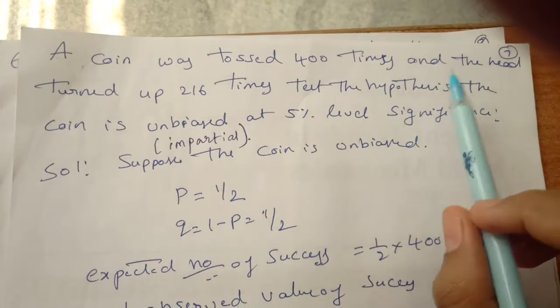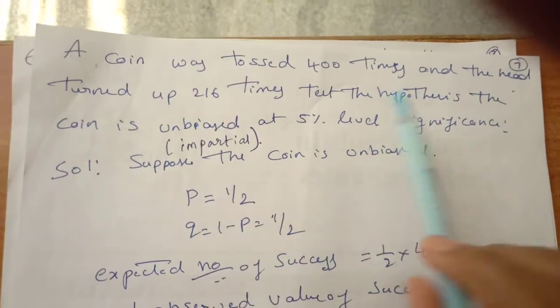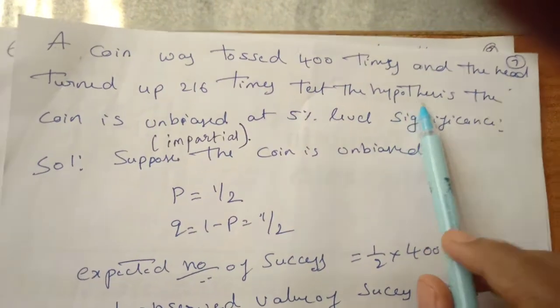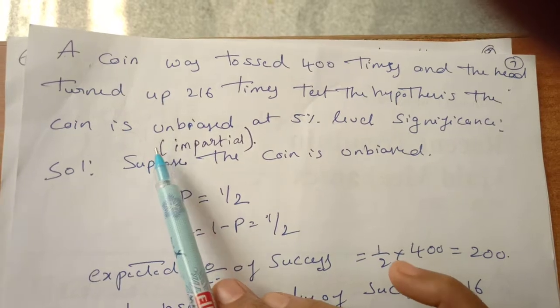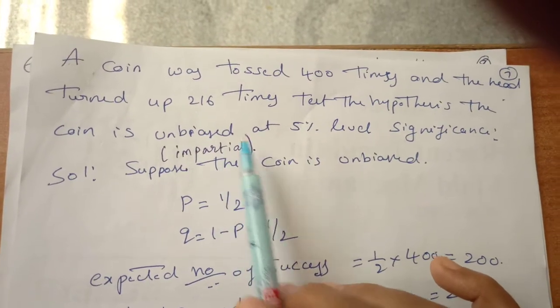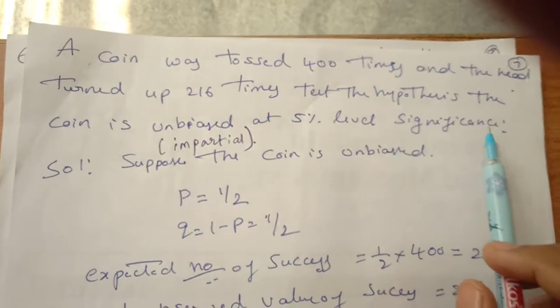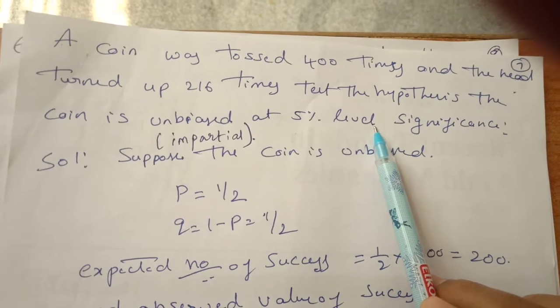And the actual heads we got here, 216 times. So the assumption we are taking here is that the coin is unbiased, at 5% level of significance. We have to test this hypothesis at the 5% level of significance.